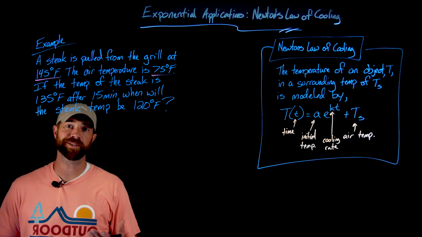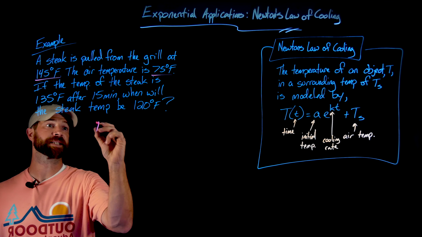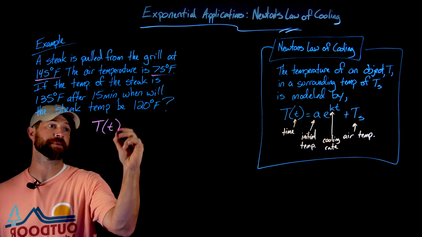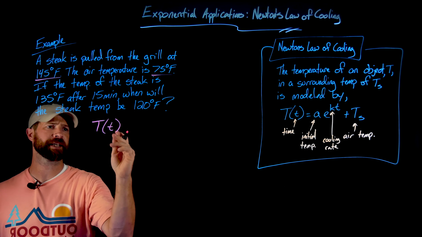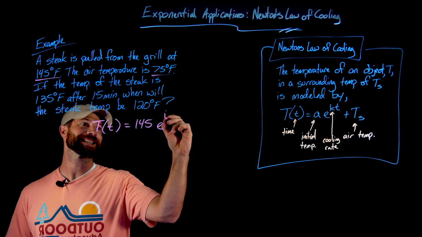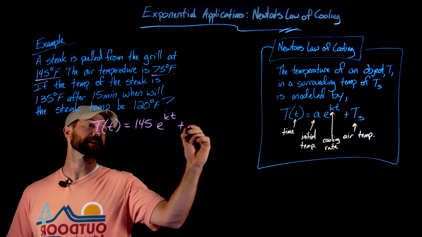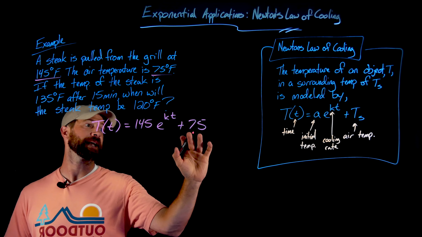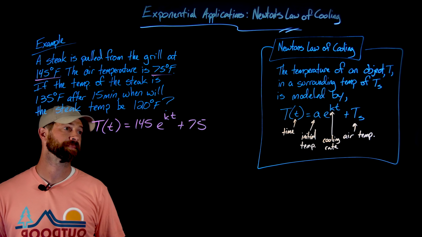So according to Newton's law of cooling, the temperature of the steak at time t equals 145, the initial temperature, times e to the kt, plus 75, which is the ambient temperature.